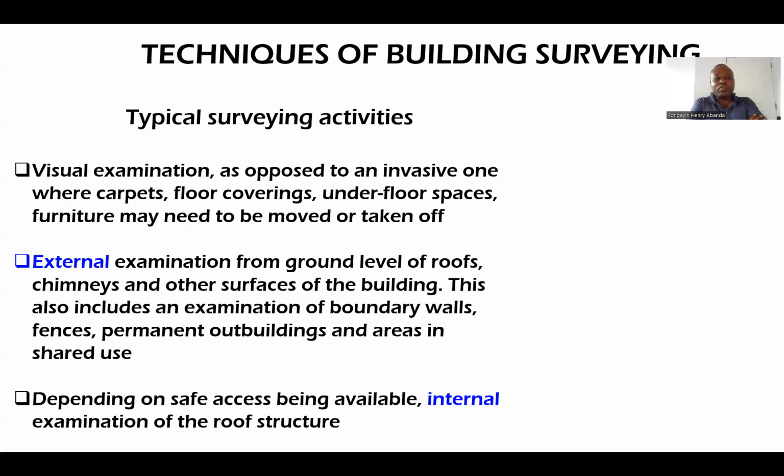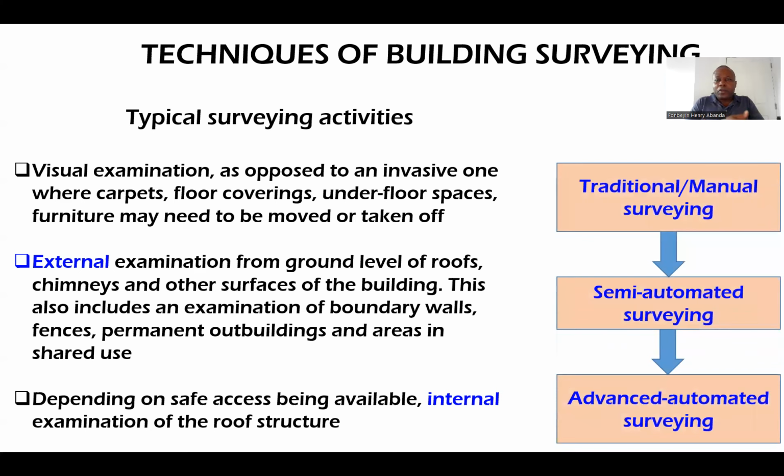External examination from ground level of roofs, chimneys and other surfaces. The keyword there is external examination. Now, in the third point, depending on safety and accessibility of the different parts of the property or building, an internal examination can also be conducted, especially in the roof area.